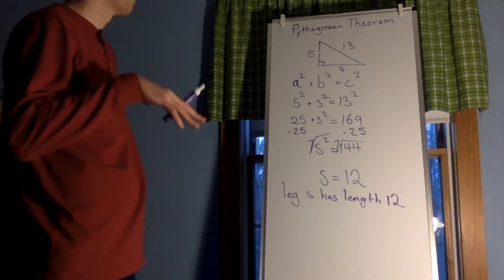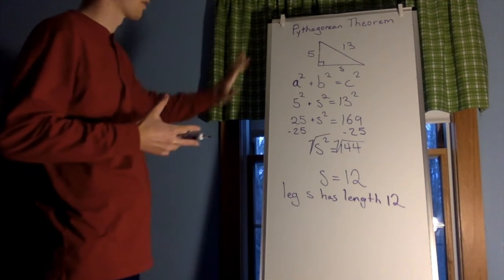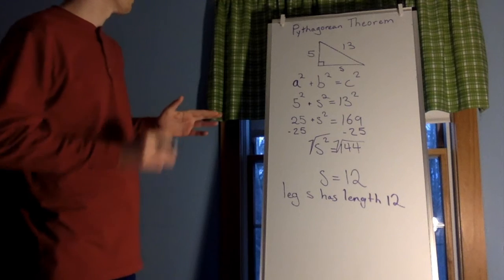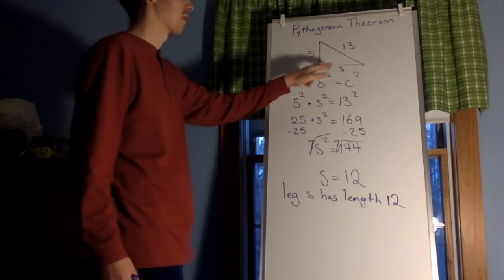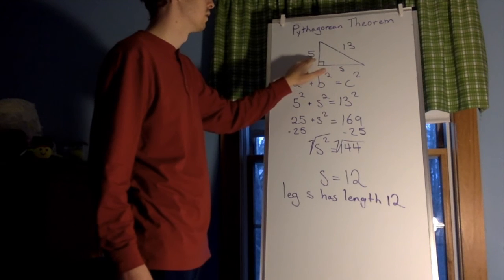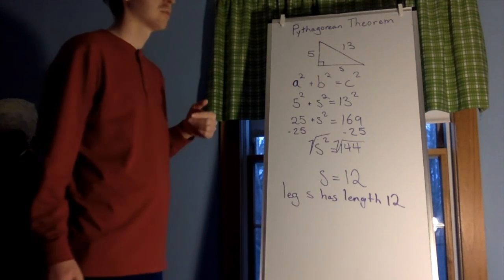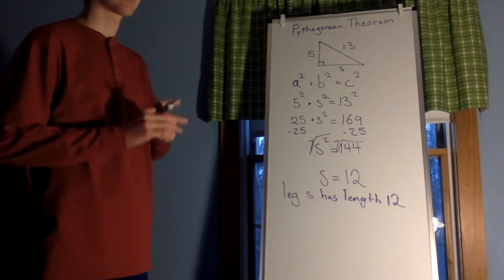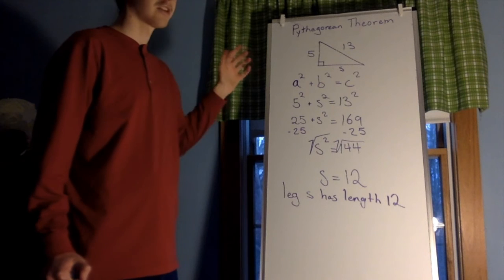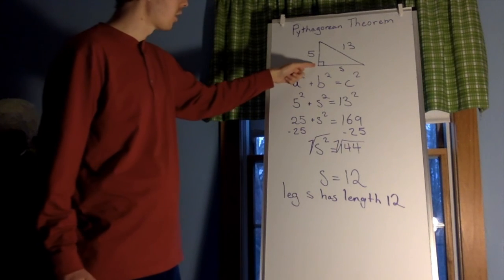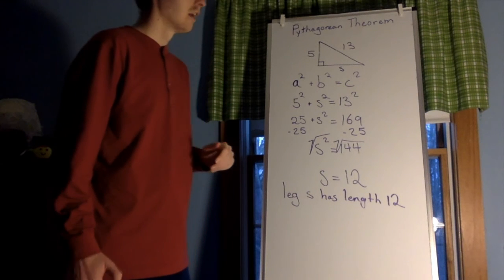The final thing I want you to remember about Pythagorean theorem, when you're doing problems like this, is to make sure you're identifying if you are solving for a leg or the hypotenuse. Most of these won't be drawn perfectly to scale, but the hypotenuse is always going to be your longest side, and it's always going to be diagonal from your right angle.